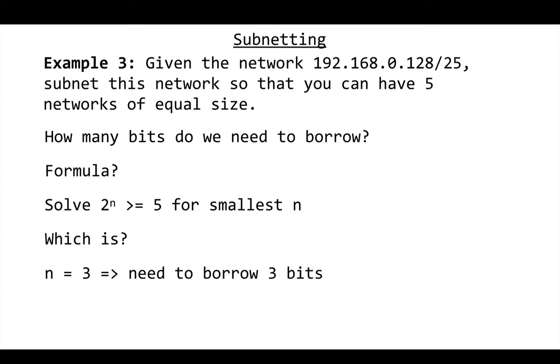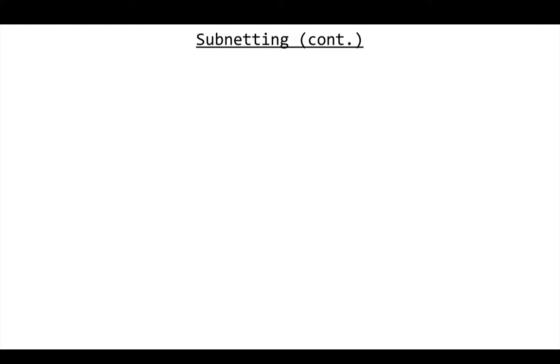And the answer is 3. 2 to the third is 8. That's the smallest value of n that makes that equation true. If we looked at 2 to the second, try to borrow 2 bits, 2 squared is 4. 4 is not greater than or equal to 5. So bottom line is we need to borrow 3 bits out of the host portion to make this work.